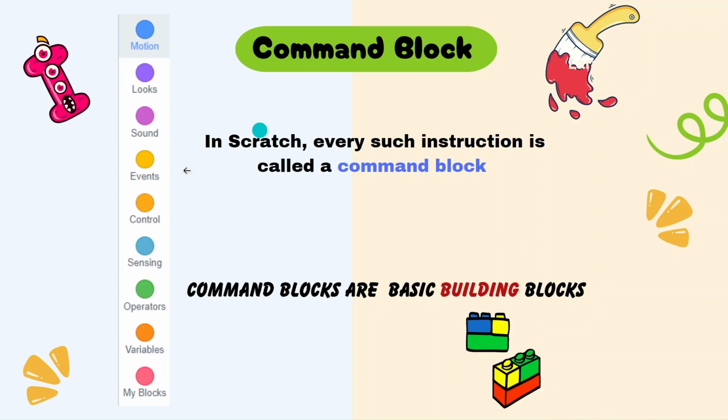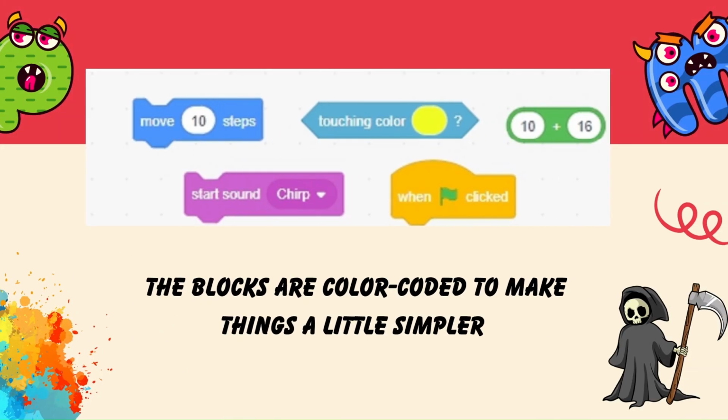Every instruction we are going to provide in our Scratch is basically from a command block. So here you can see different kinds of command blocks. Before using them, we are going to understand the use of every different command block.